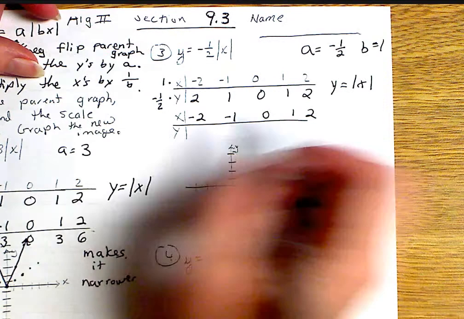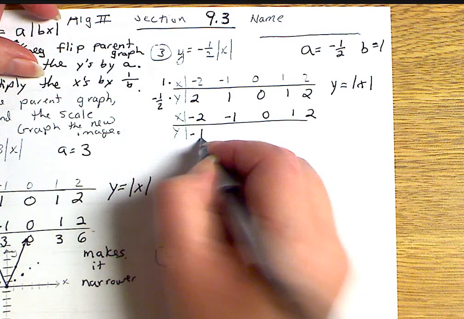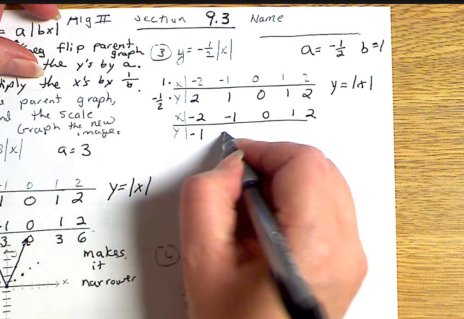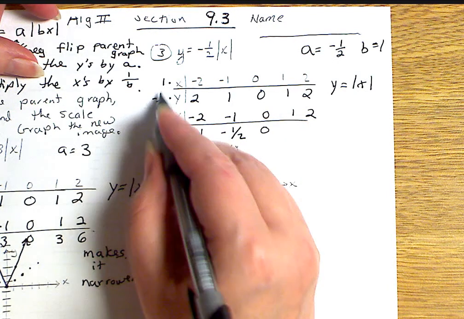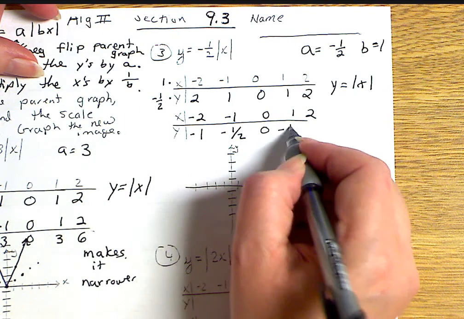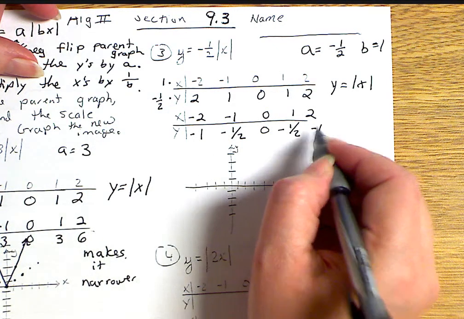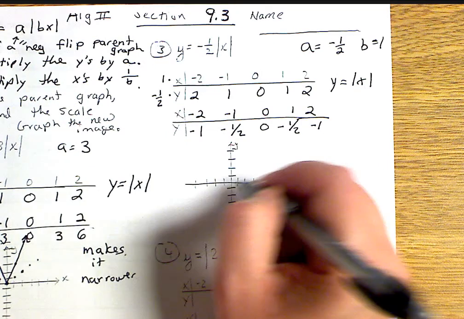Bottom, we're multiplying by negative 1/2. Negative 1/2 times 2 is negative 1. Negative 1/2 times 1 is negative 1/2. Negative 1/2 times 0 is 0. Negative 1/2 times 1 is negative 1/2. Negative 1/2 times 2 is negative 1. Wow. Alright. Parent graph again dotted.